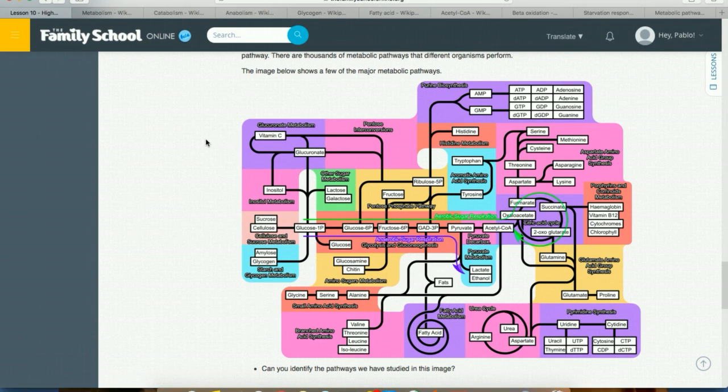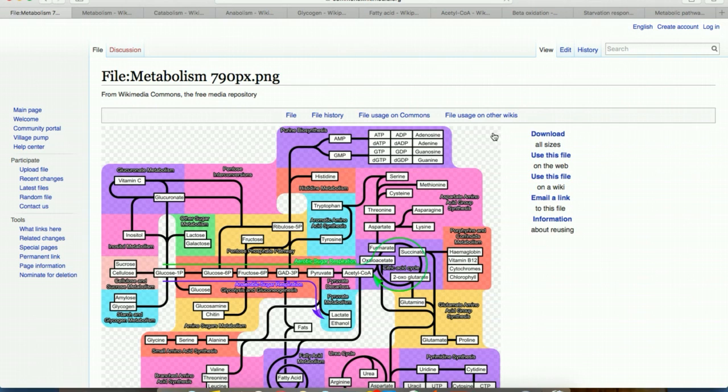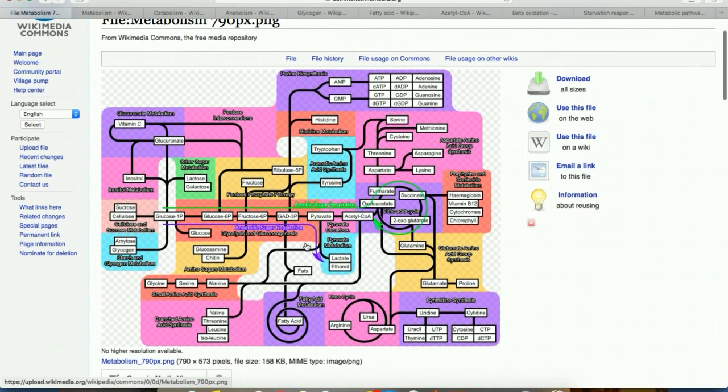Okay, so let's see what we see here. We see some pathways that produce AMP.